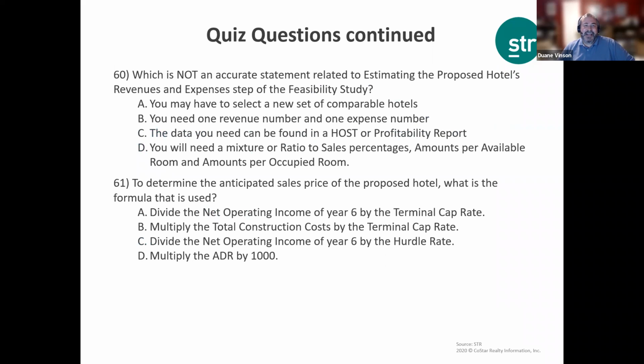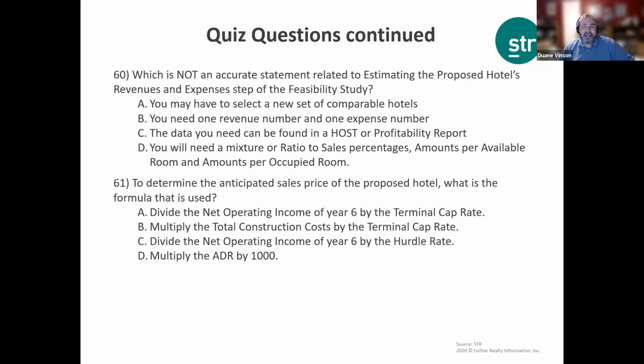Number 60, which is not an accurate statement related to the estimating the proposed hotel's revenue and expenses step of the feasibility study? There's a lot to read there, isn't there?